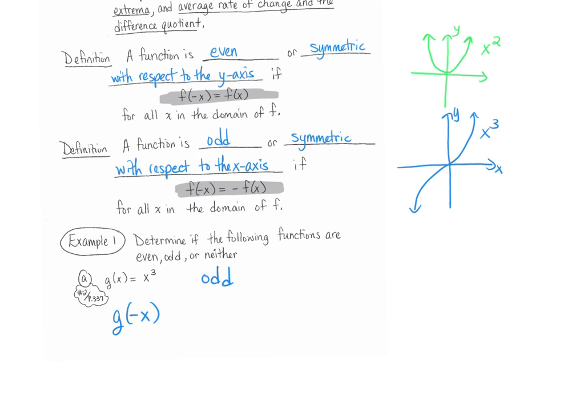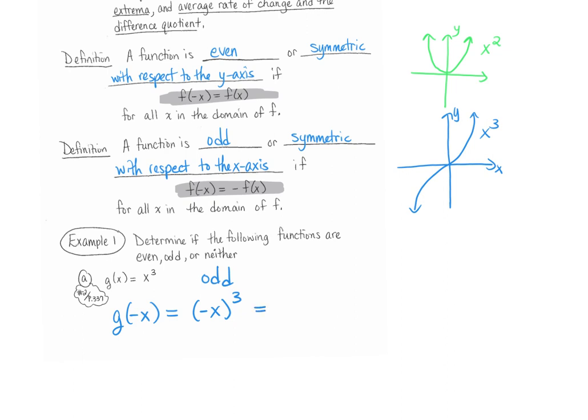So we substitute in negative x for x here. That gives us negative x quantity cubed. Negative x times negative x times negative x. So we're multiplying negative x times itself how many times? 3 times. So negative 1 cubed is negative 1.